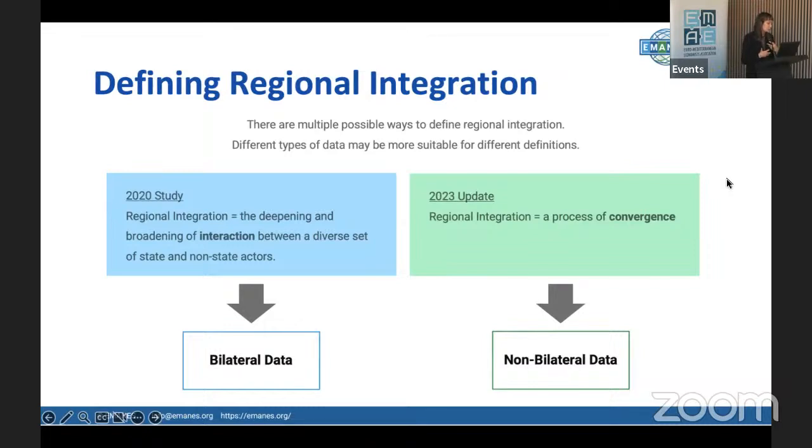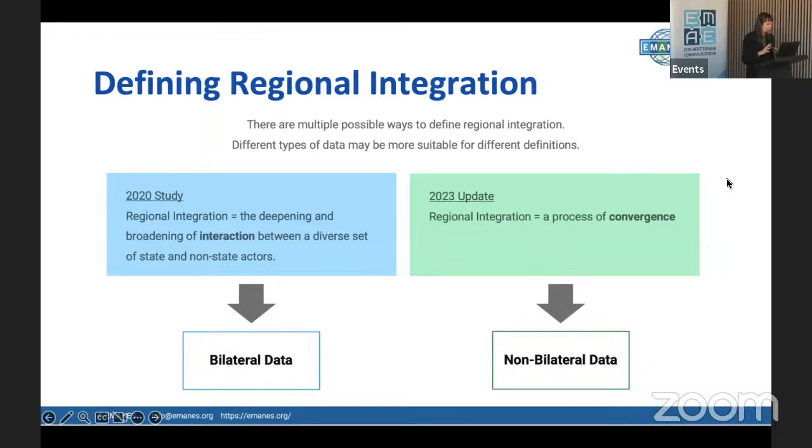When you think of regional integration as convergence, it doesn't necessarily assign a judgment that it's a good thing or a bad thing. We can look at it more objectively. We can say, okay, is the region performing at the same level? That doesn't necessarily mean that everyone is performing, say, for environmental indicators, to the level that we wish. But this just adds an extra dimension.